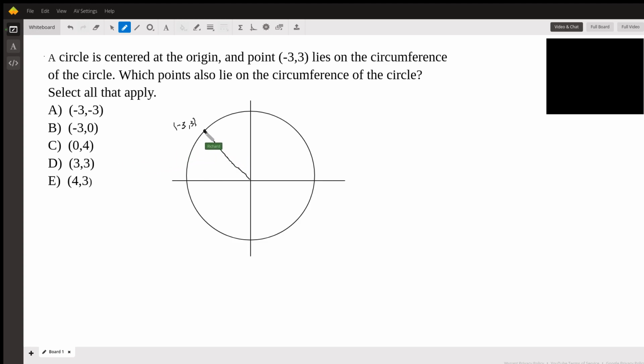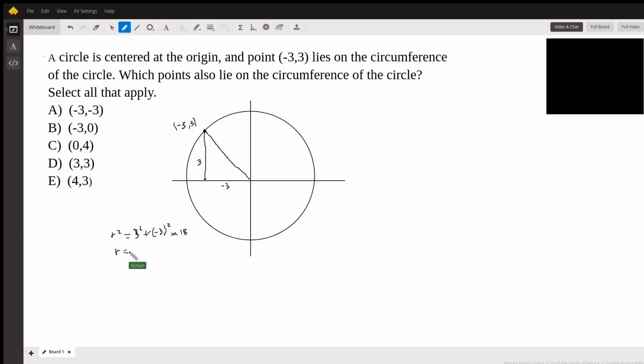The radius can be found by just using the Pythagorean theorem. So you have a 3 here and a -3 here. It doesn't really matter, it's going to be squared anyway. So we want to find r, the radius. r squared is just going to be 3 squared plus -3 squared, which is 18.